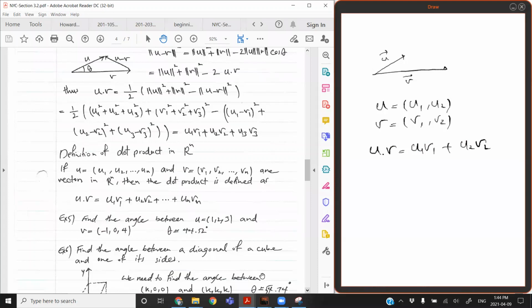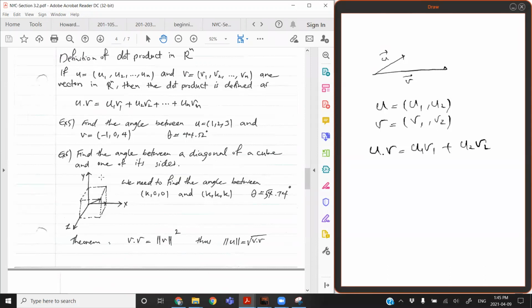Inspired by this, we're going to define the dot product for Rn to be like this. If u is this vector from Rn, and v is this vector from Rn, then the dot product of these two vectors is the sum of the products that come from multiplying the corresponding components together: u1 v1 plus u2 v2 all the way to un vn.